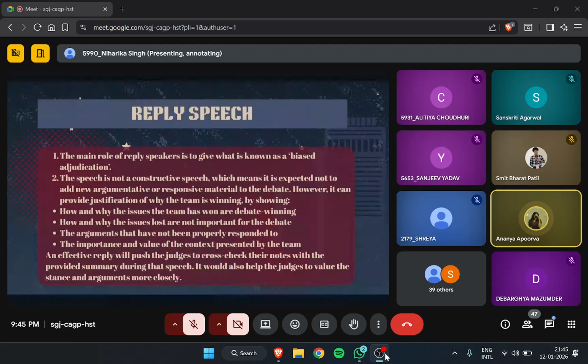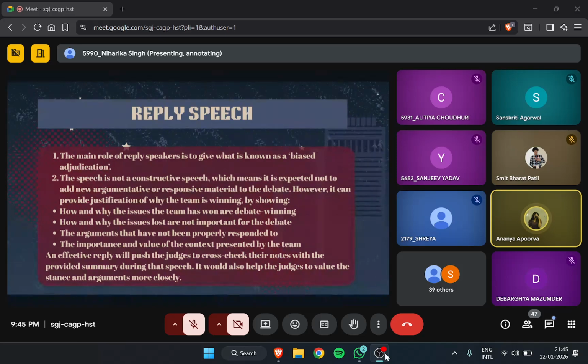So the main role of a reply speech is to convince the adjudicator, the person judging you, from their perspective, as in through their methods of analysis, as I think I already mentioned yesterday, how an adjudicator actually analyzes your debate.